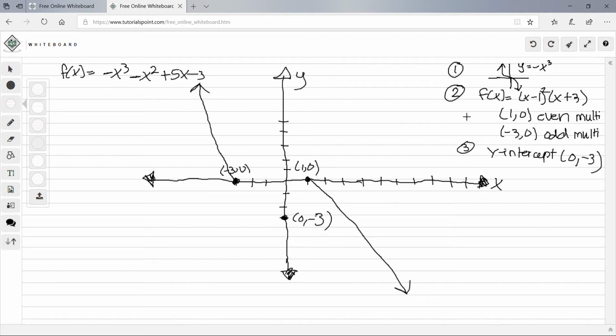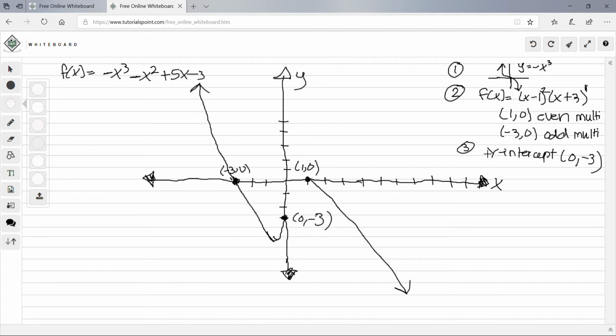Now we got to look at our x-intercepts and see if it crosses or bounces. So here's -3, and we said it's odd, so that means it crosses. It literally crosses the x-intercept, and then it passes through the y-intercept, 0, -3.